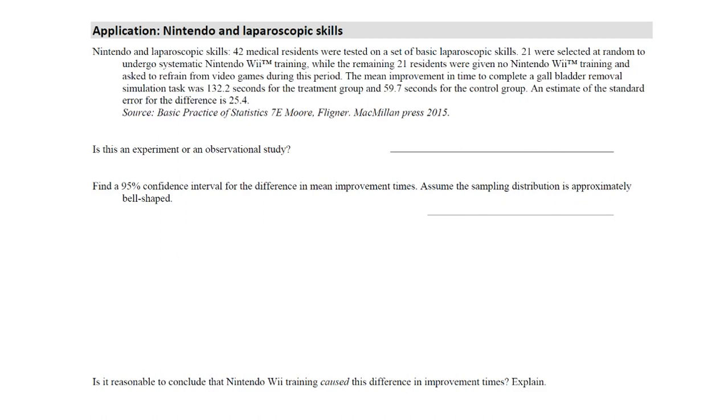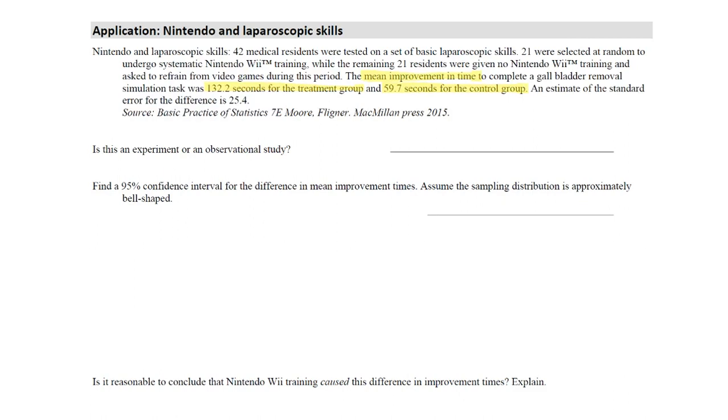So what we find in our summary here is that we had mean improvement times, that's what we're working with, to complete a gallbladder removal simulation task. We had 132.2 seconds for the treatment group and 59.7 seconds for the control group.